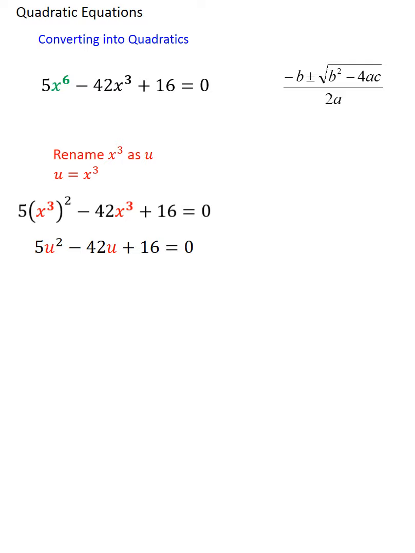Look at the top of the screen at the original problem. That is not a quadratic equation. Quadratic equations don't have x to the 6th in them. But look at the last line that we just put up, 5u squared minus 42u plus 16 equals 0. That line is a quadratic equation. And therefore, we can use the quadratic formula to solve for u.